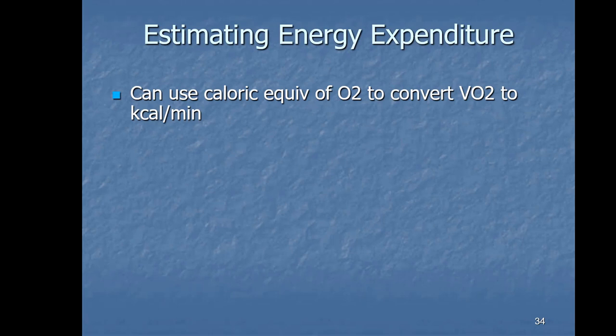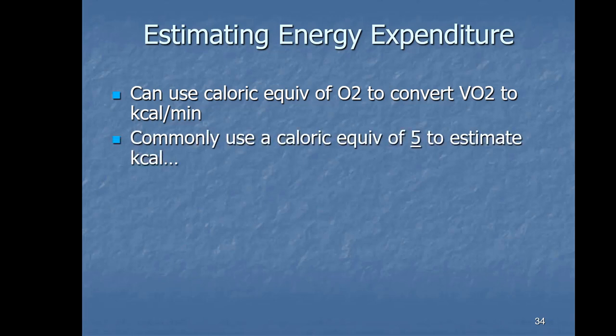All right, so we can also use that caloric equivalent to estimate energy expenditure from oxygen consumption. In other words, the caloric equivalent of oxygen gives us a nice conversion between oxygen consumption and kcals. If you want this to be accurate, obviously you would want to know the exact percent of carbohydrate versus fat that you're using, and thus you would need to know the respiratory exchange ratio, or RQ.